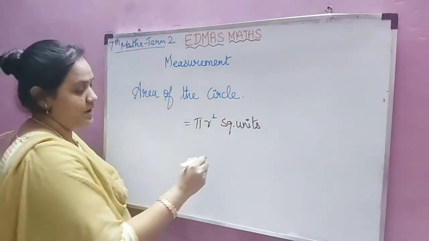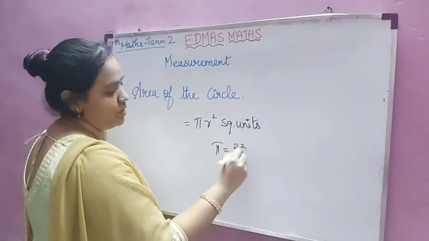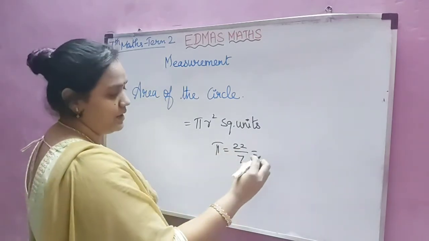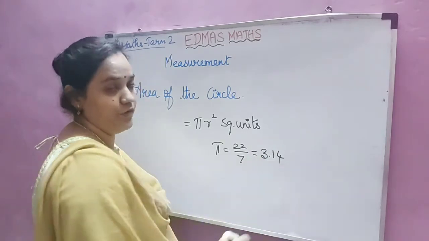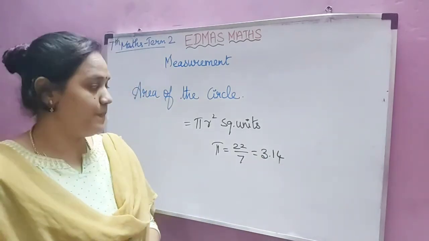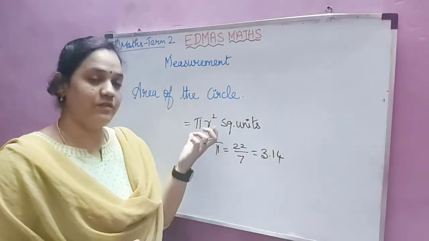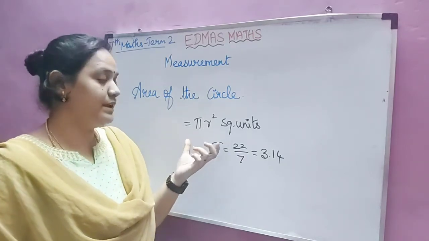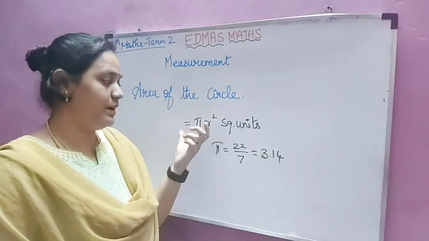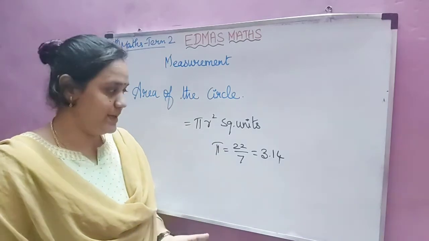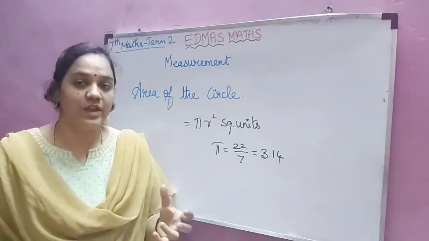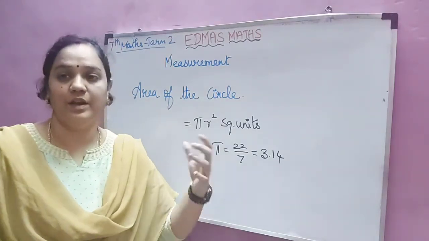The area of the circle formula is pi r square units. Here the value of pi is either 22 by 7 or we can substitute 3.14. If the radius is given, we directly substitute the value of r in our formula. Otherwise, if the diameter is given, we have to convert the diameter to radius.